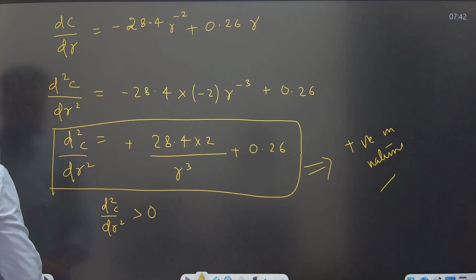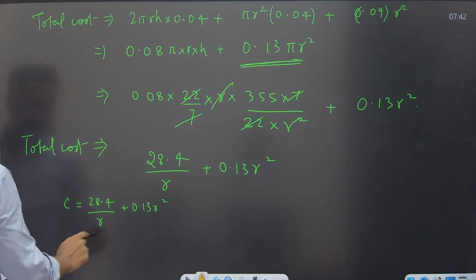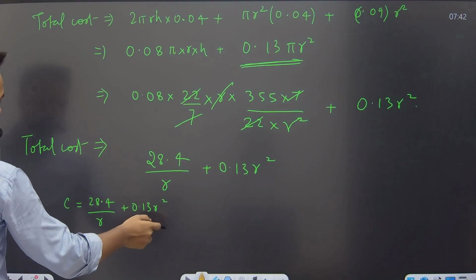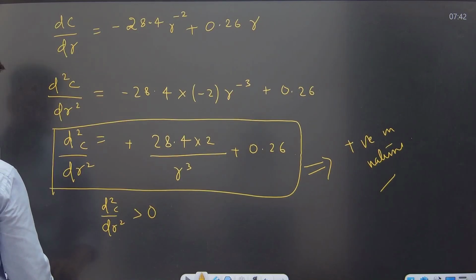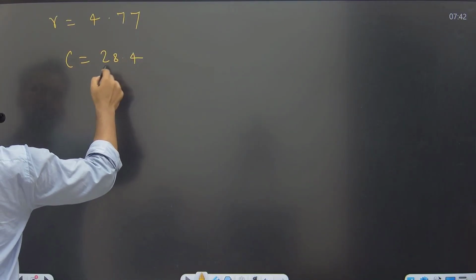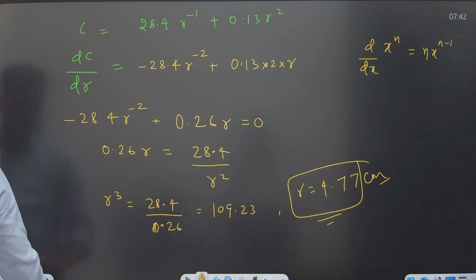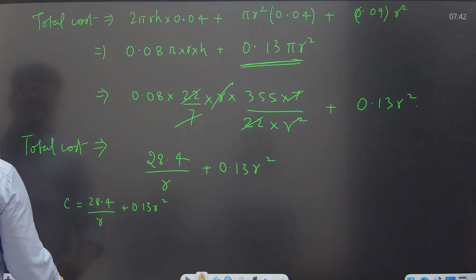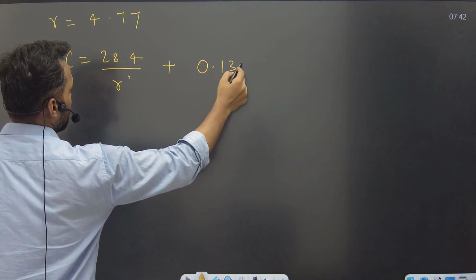We just need to plug this value of r into the function which is given, that is C equals 28.4 by r plus 0.13 r squared.